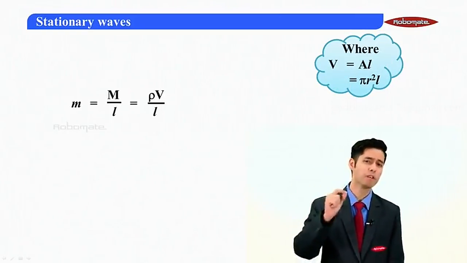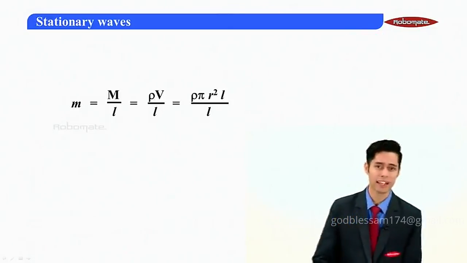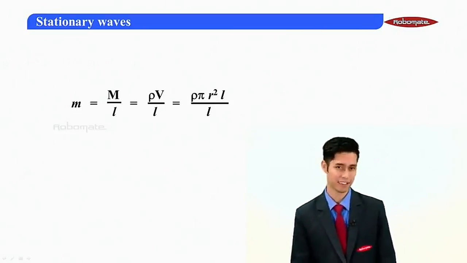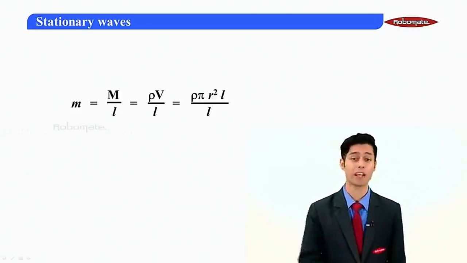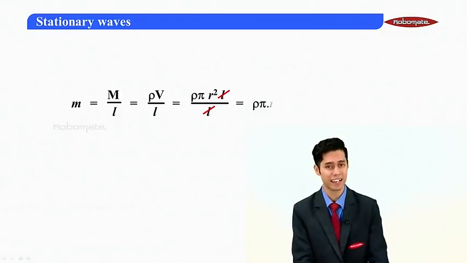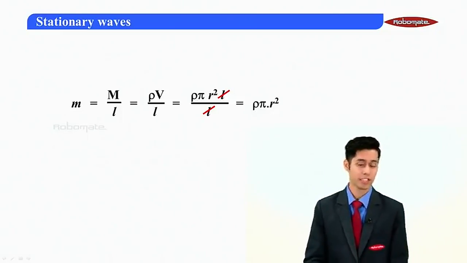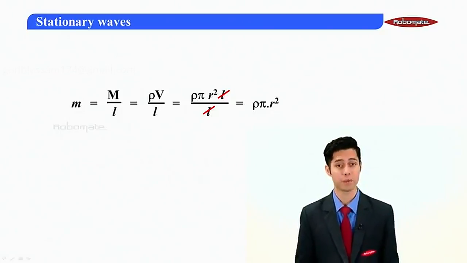So can I say volume will become pi r square into L, and on substituting that I'll get rho pi r square L divided by L. Now when I see that equation, I get a tendency to cancel out L and L. On cancelling L and L, we get small m as rho pi r square. So can I say linear density will have a value rho pi r square.